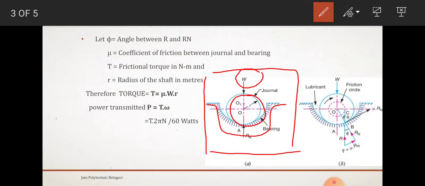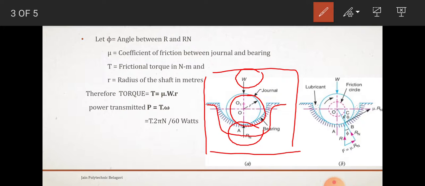Next, we'll discuss different parts like W. W is nothing but the load acting on the journal. Rn is the reaction force to the journal. O is the center point of the journal. What are the different terminologies which come when we go for finding out the power transmission?